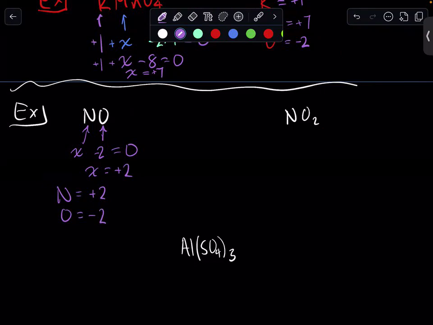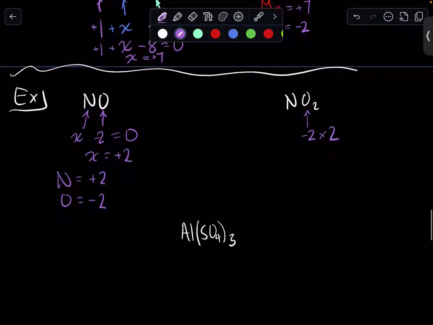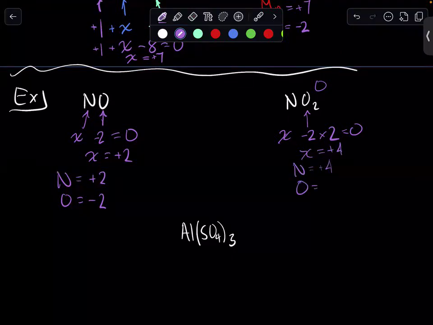In nitrogen dioxide, oxygen is still -2, but we have 2 of them. Again, the overall charge is still 0. Therefore, this time our nitrogen must be equal to +4. So nitrogen is +4 oxidation state, oxygen is -2.